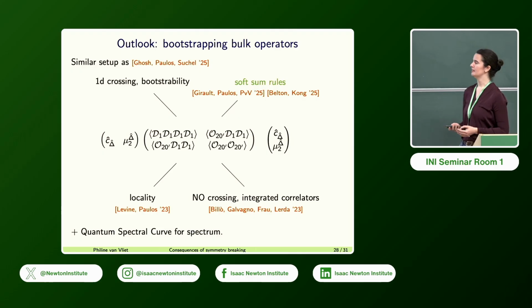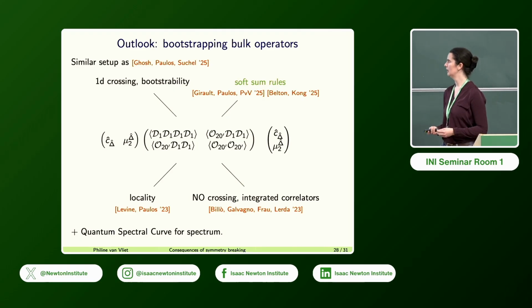The problem here is that we have to give up crossing symmetry. This one has crossing symmetry, but all these other correlators do not. Here we are only picking one channel, and we are throwing the cross channel out. This means that we have to constrain them in other ways. This is the role of some rules coming from locality.